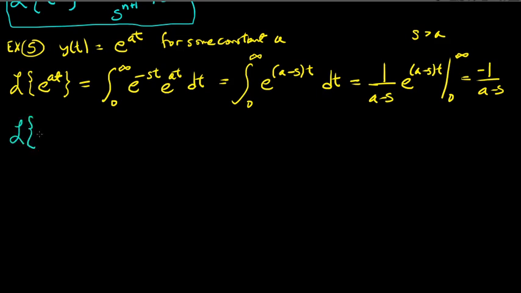So here's another one. The Laplace transform of e to the at is just 1 over s minus a, as long as s is bigger than a. So effectively, we're shifting our domain here to the right.